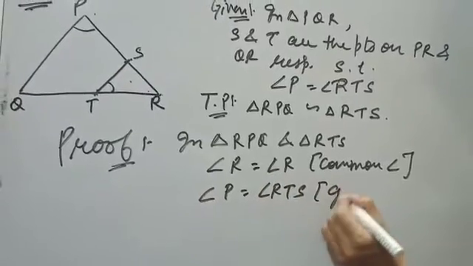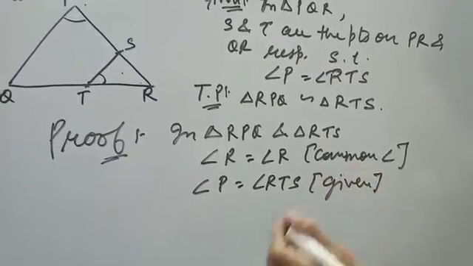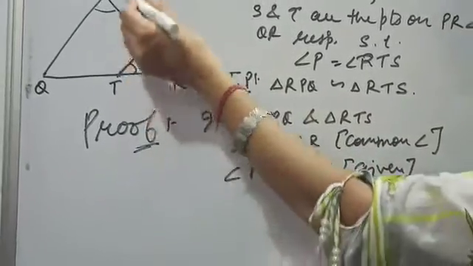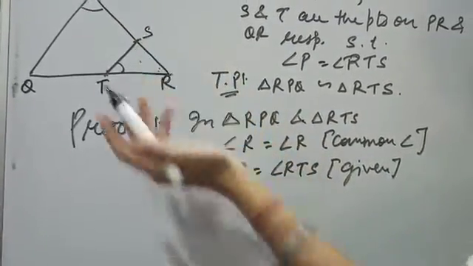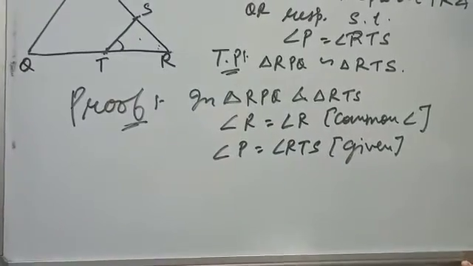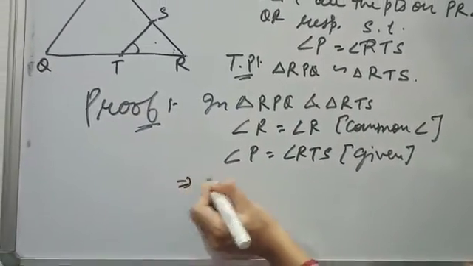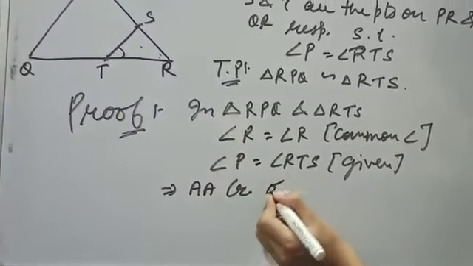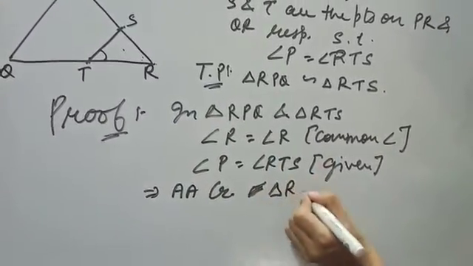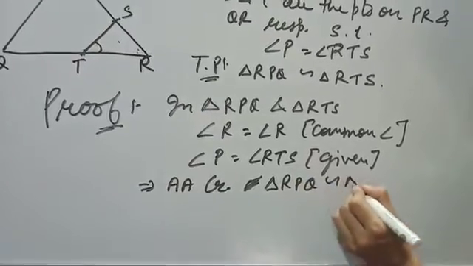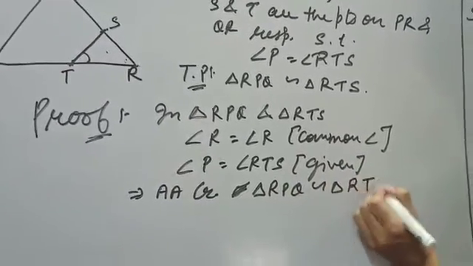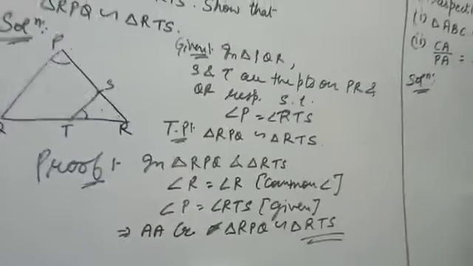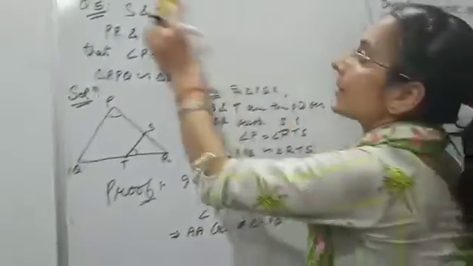These two angles are equal. As I told you already, if two angles of one triangle are equal to two angles of another triangle, then the third angle will obviously be equal by the angle sum property. Then we can write, by the angle criteria, triangle RPQ is similar to triangle RTS. This is done.